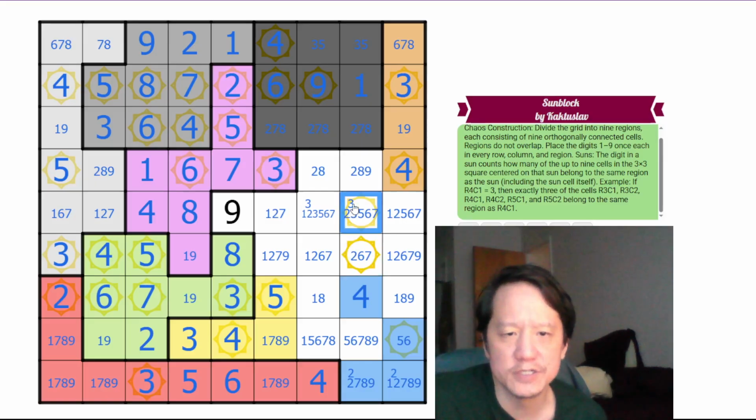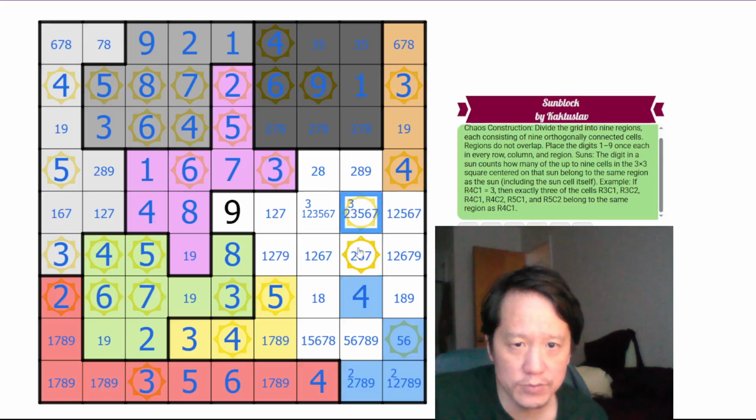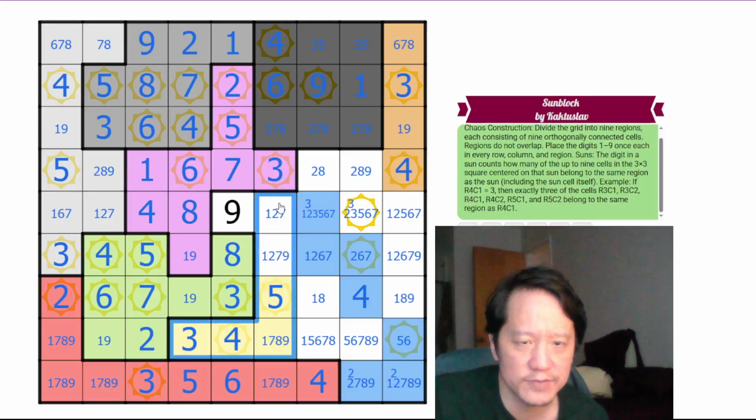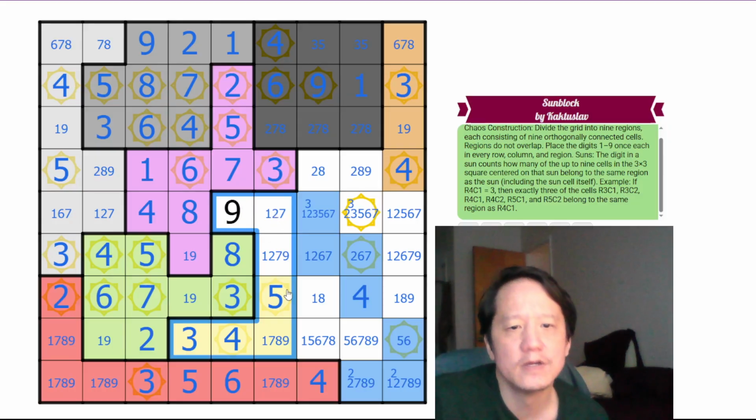So the question is, can this be a non-blue? So say this is non-blue. Then we would have to have blue going here, blue connecting here at least. But then this would be 1, 2, 3, 4, 5, 6, 7. I guess that 8 and 9 could work.